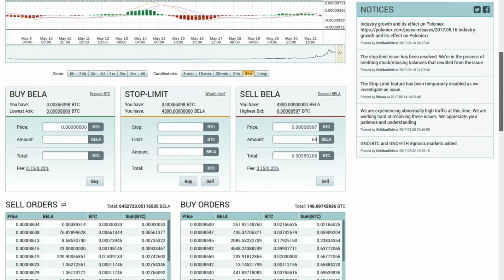And that's going to basically give me a percentage that we're going to go into a little further. So a total of 554 Bitcoin under the sell orders, and there's a total of 147 under buy orders. Now, if we go ahead and pull out our handy dandy calculator, I'm going to see what percentage the 147 is of the 554.